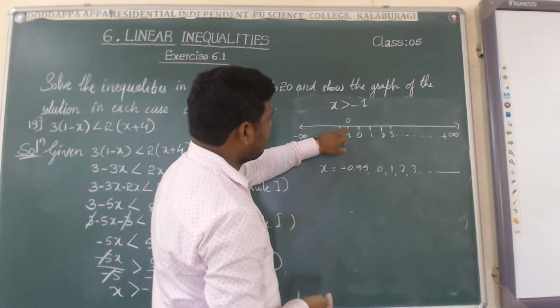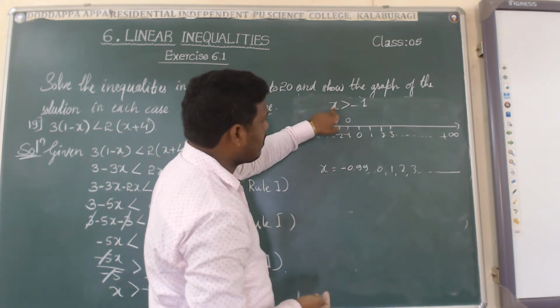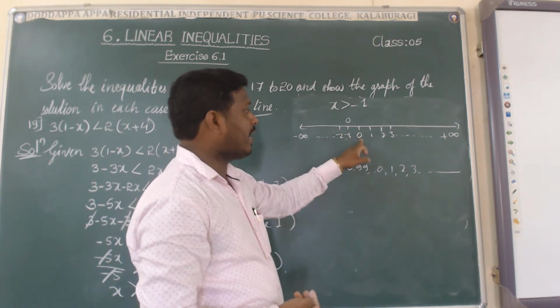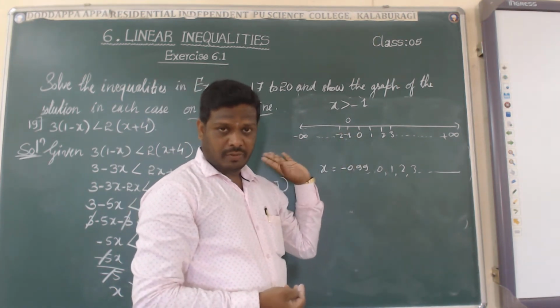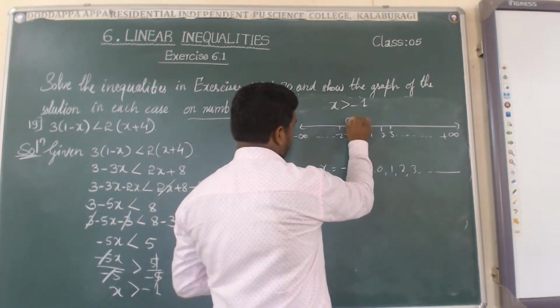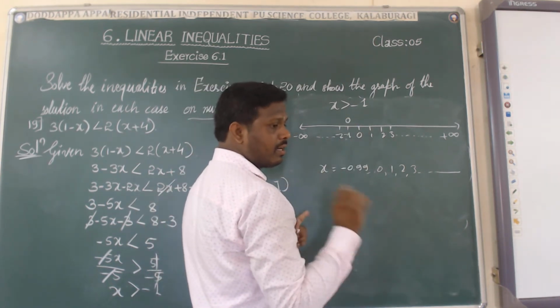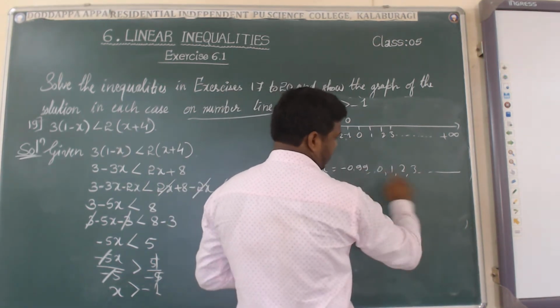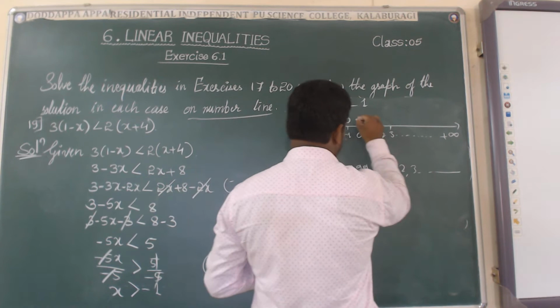This means what? Empty circle: the value of x is not including the minus 1, but including the minus 0.99 values. So that's why I am taking it here. This means excluding, not including. Okay. And from this side, the values will be moving towards the right side of the number line.